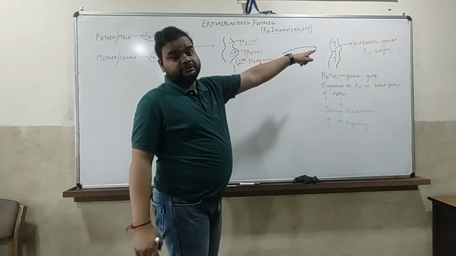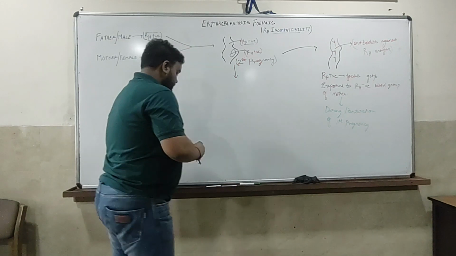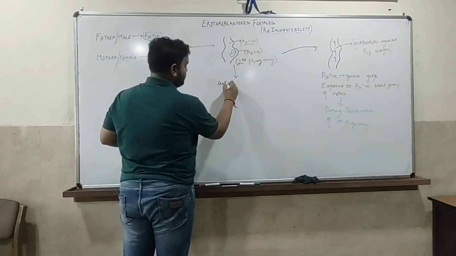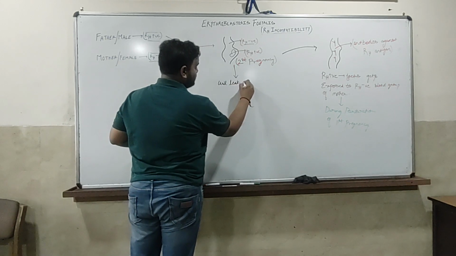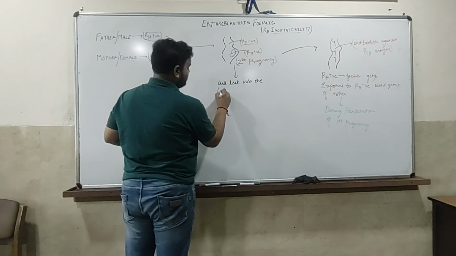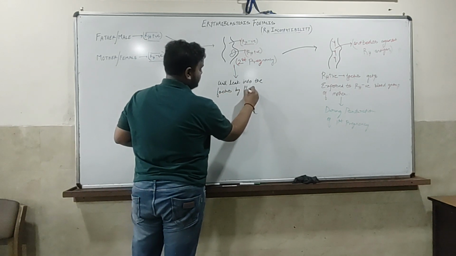These antibodies which were formed against the Rh antigen in the mother's blood will leak into the fetus by the placenta.